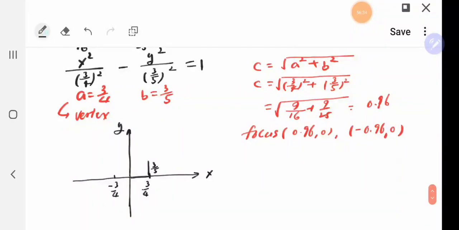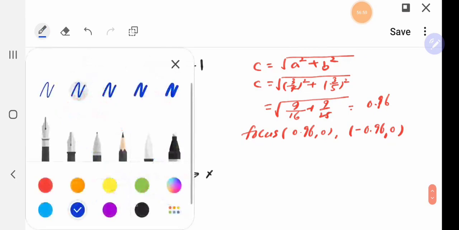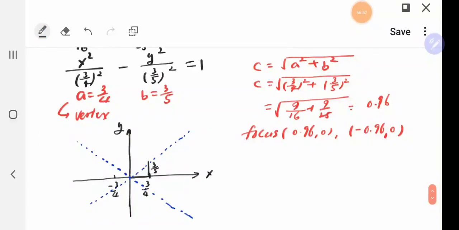And then the asymptotes should be like this. This is the asymptote, and we know the vertex. So the vertex is this one.